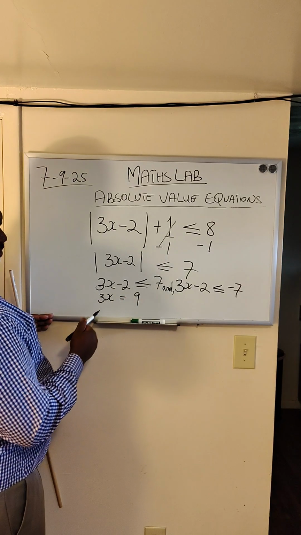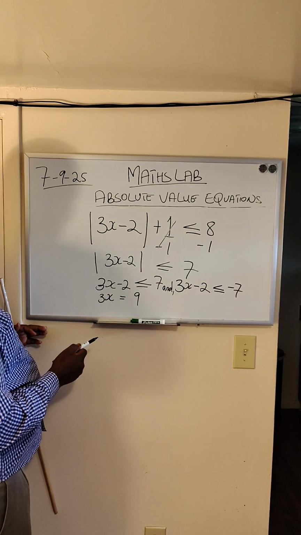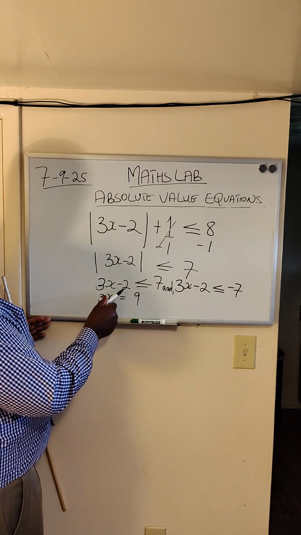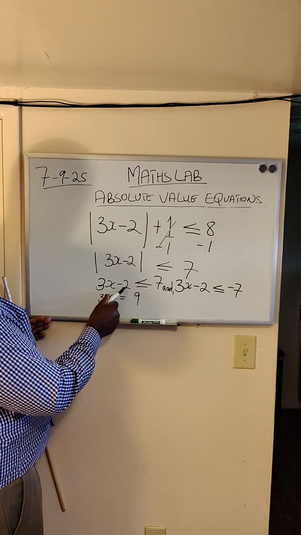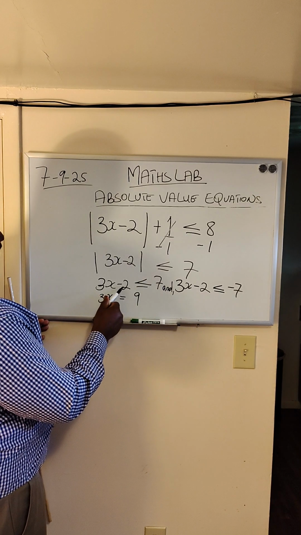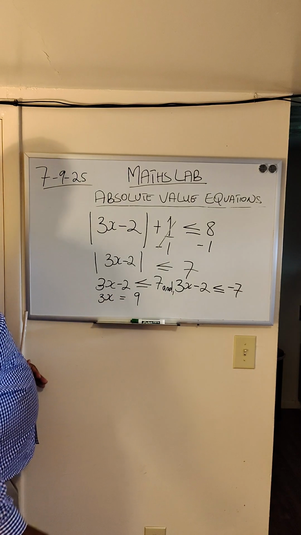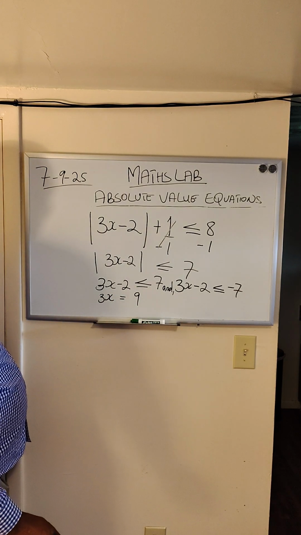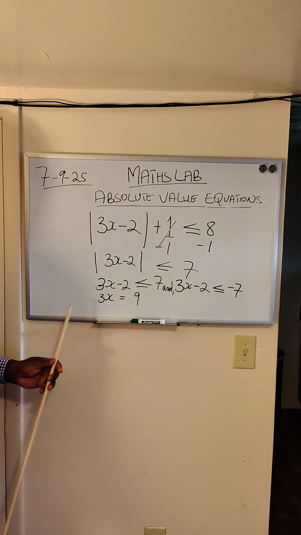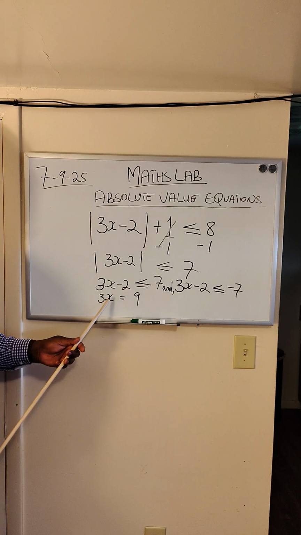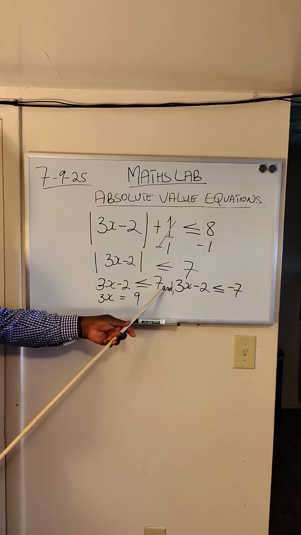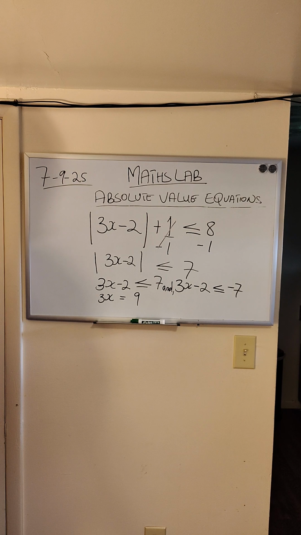That means that we added 2 plus 7 to get 9. This 3x is equal to 2 plus 7, which gives 9, okay?